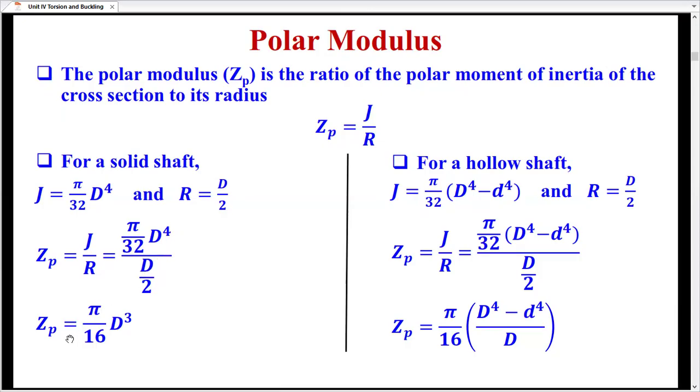You get polar modulus pi by 16 D cubed for a solid shaft, and for a hollow shaft we have polar modulus pi by 16 times D raised to 4 minus small d raised to 4 upon capital D. Capital D indicates the outer diameter and small d indicates the inner diameter. That is all about polar modulus and polar moment of inertia.